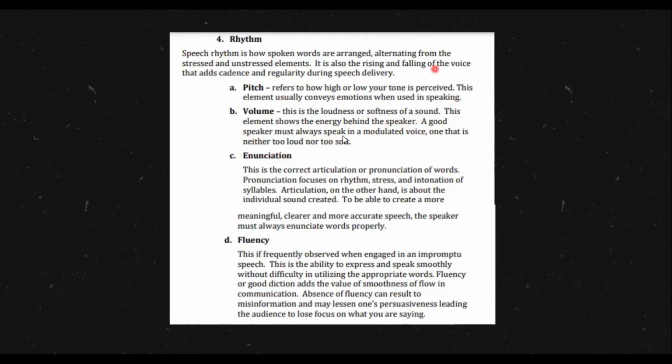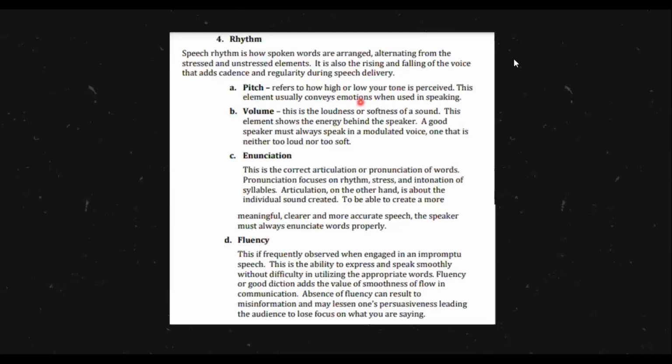Okay? So, as English majors, every time we are delivering a speech, they always expect us to have a modulated voice, like a loud voice, but it's also clear. Okay? So, ganun din when we are demo teaching, it's important that as an English major, we have a modulated voice.